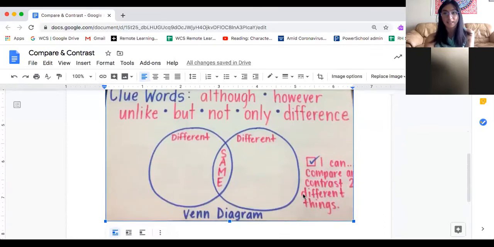We're going to get to this later, but this is a handy dandy chart called a Venn diagram, and we can use this to organize our thoughts. Things that are different go on this outside part of each circle, and things that are the same we write about right here in the middle where the two circles overlap each other. But like I said, we'll get to that a little bit later.